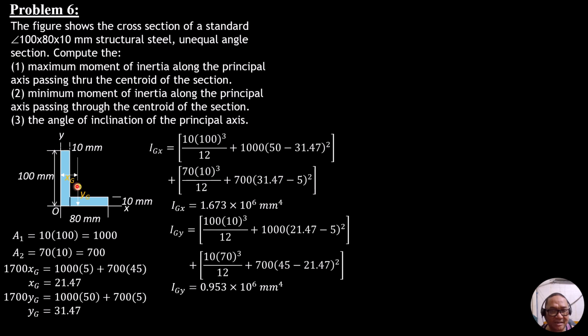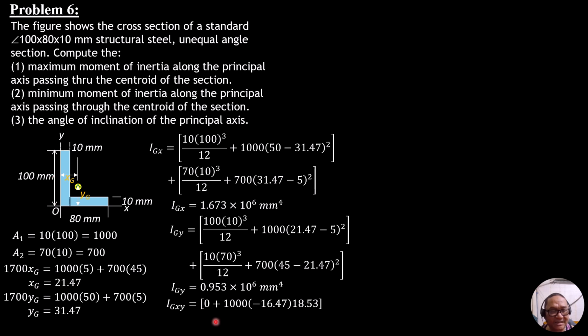So the product of inertia I sub g xy is equal to 0 plus 1000 times the centroid with reference to the centroid of the entire area, which is negative 16.47, that is negative quantity 21.47 minus 5, because that's 5.